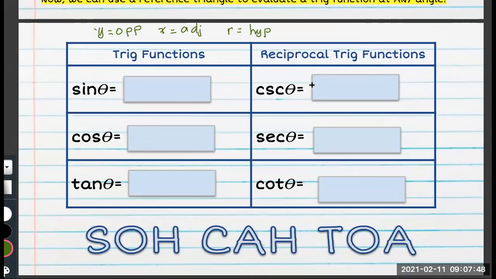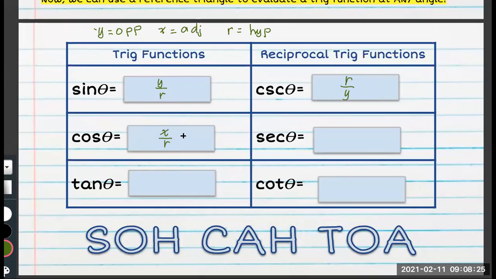So using y, x, and r, sine theta would be opposite over hypotenuse. So opposite is y, hypotenuse is r. So this would be y over r. And so therefore, its reciprocal, which is cosecant, would be r over y. Now, cosine is adjacent over hypotenuse. Our adjacent is x, and the hypotenuse is r.